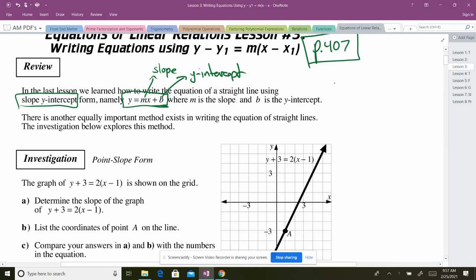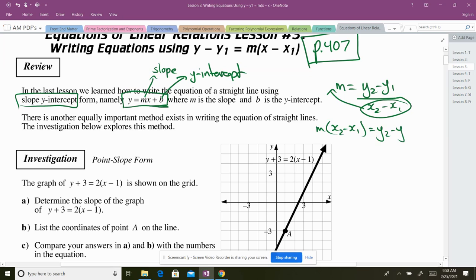You don't need to write this down. You can just watch this. If I take our slope formula and multiply this up to the other side, so you multiply both sides by x2 minus x1, I end up with x2 minus x1 times m, which is y2 minus y1.